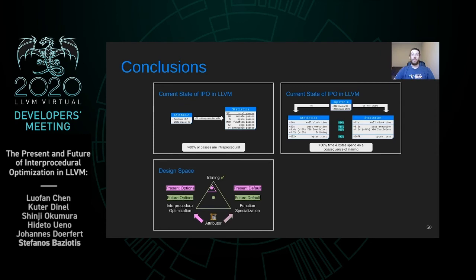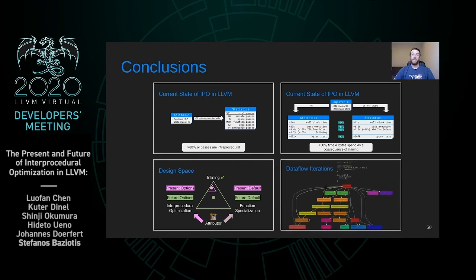Alternatives to inlining are interprocedural optimization, in which we summarize all the effects for all the call sites, or function specialization, where we summarize the effects for some of the call sites and specialize a function for those. Together with the attributor framework, where information can be shared between different transformations and analyses that are in flight at the same time, we really think that the design space is much bigger than what we explored so far.